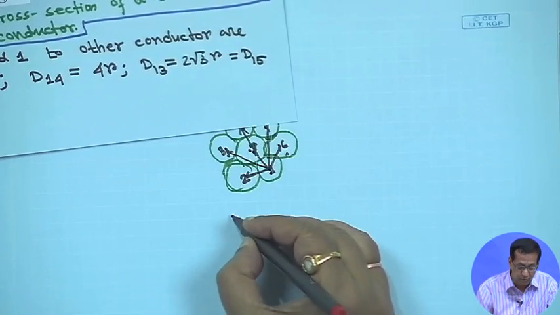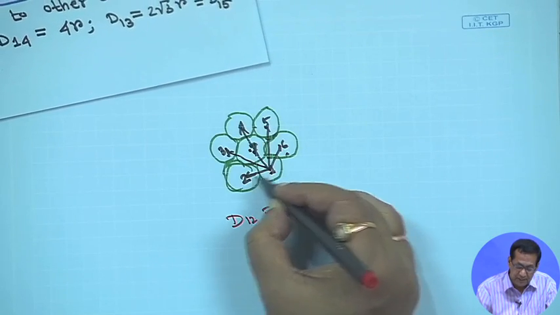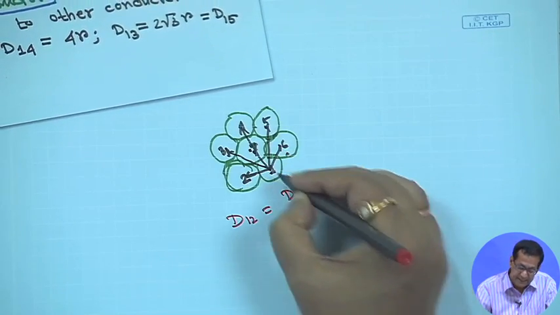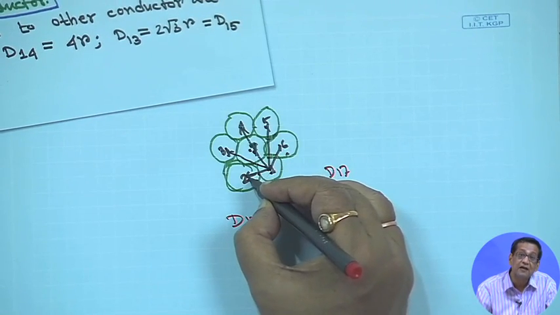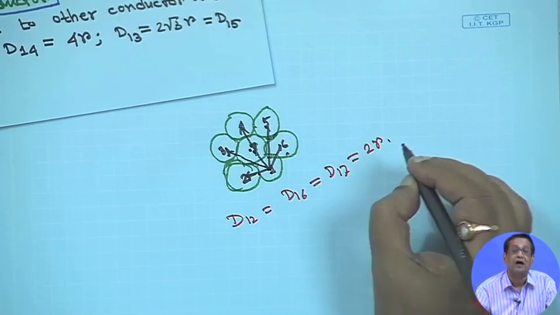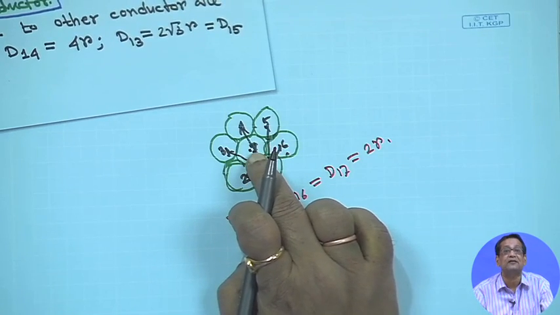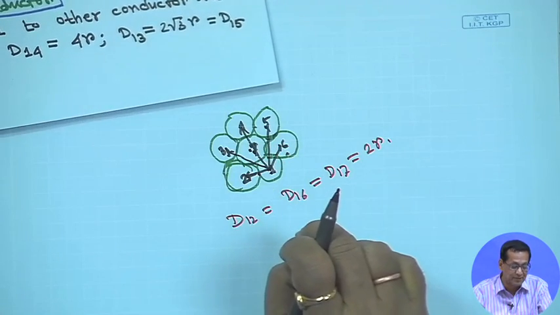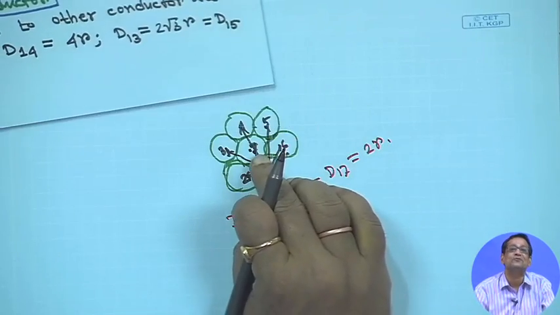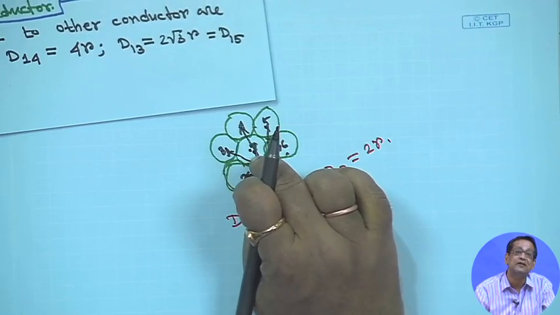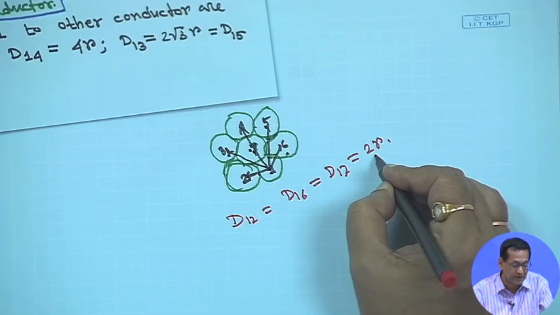D12 is equal to D16 is equal to D17. From here to here is r and here to here r, so it is equal to 2r. This is 1, 2, 6, and the central conductor is 7. When you listen to this video, hopefully everything will be readable to you. You can hear my voice, right. So, D12 is equal to D16 is equal to 2r.